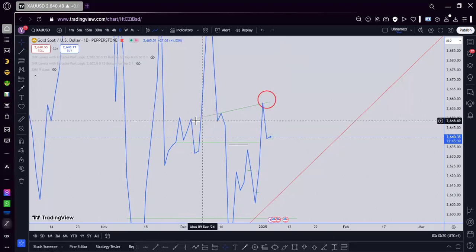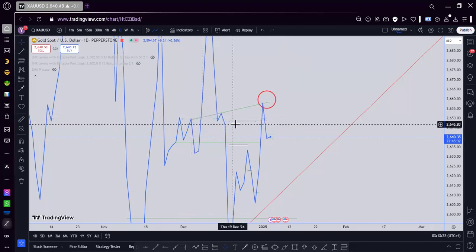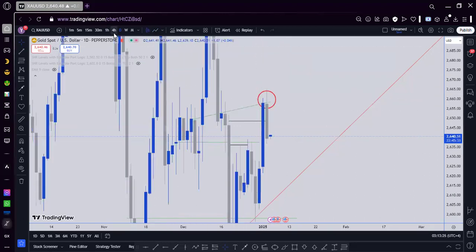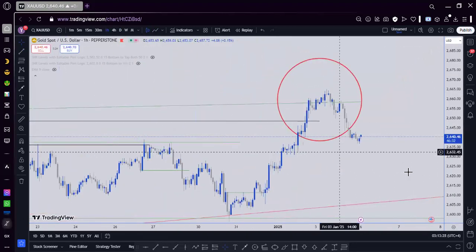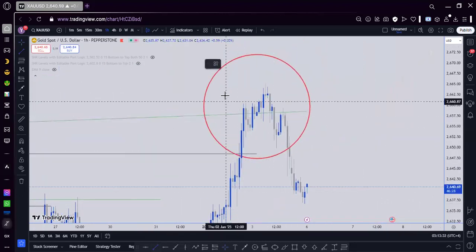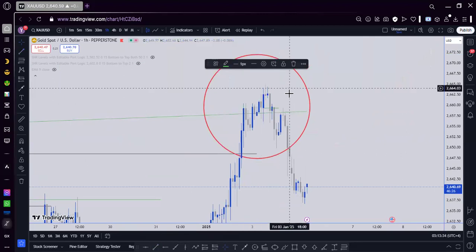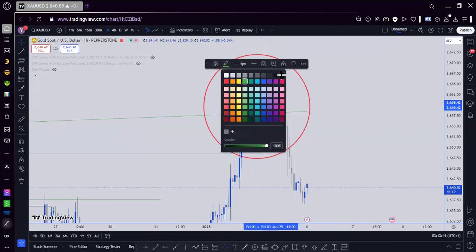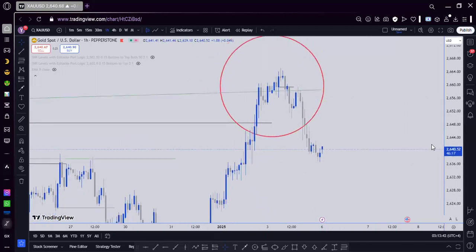This is the key trend line: first touch, second touch, and the third touch. It's aligning with what? With this 1 hour bearish breakout for the bearish daily advanced storyline, right here.